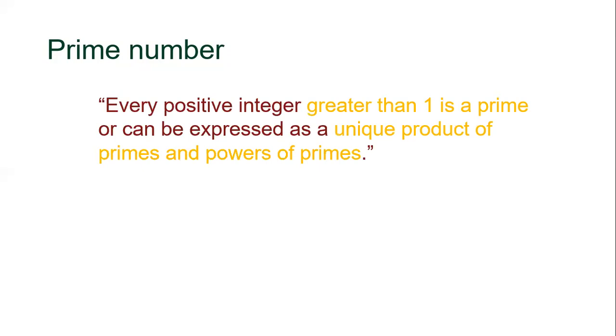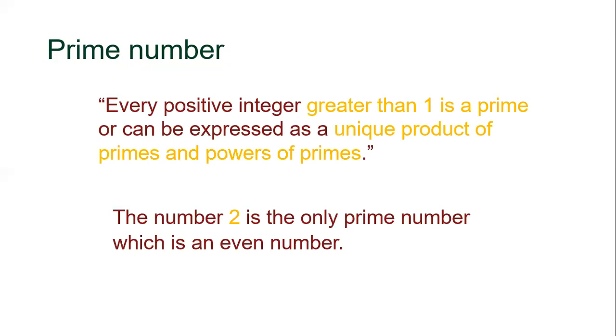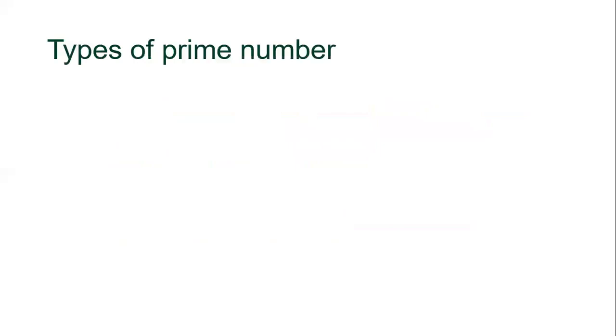Now, there is a special case. The number 2 is the only prime number which is an even number. If you want to know more about prime numbers, I included several links in the transcript.